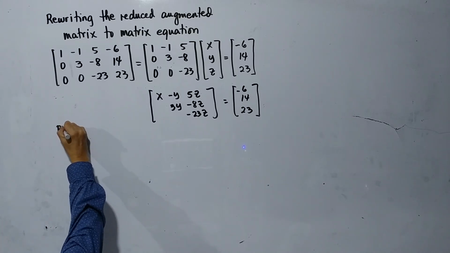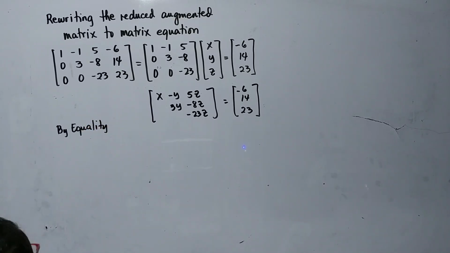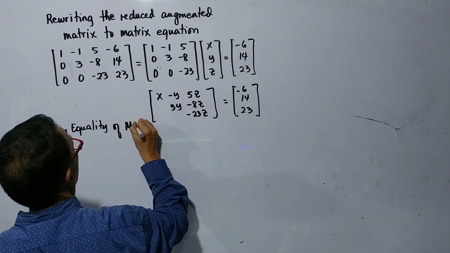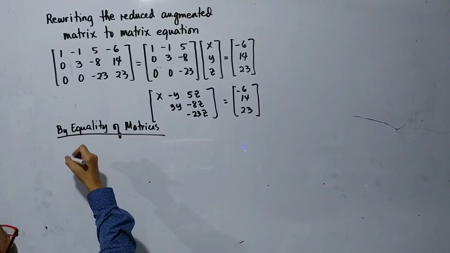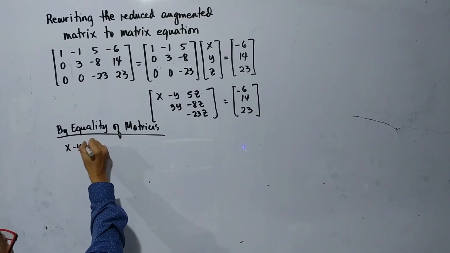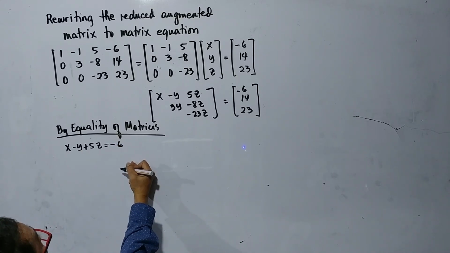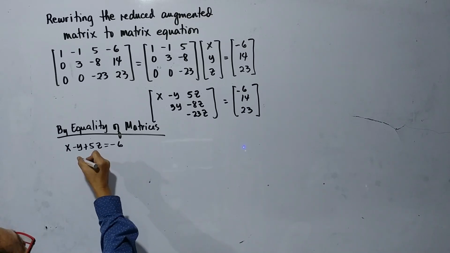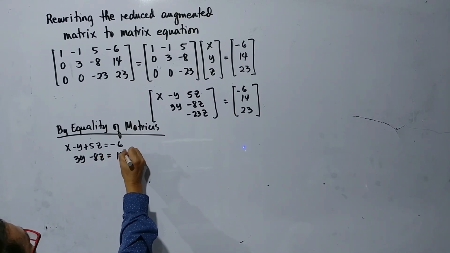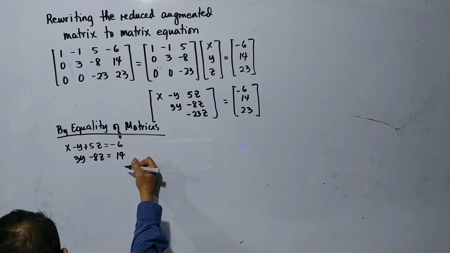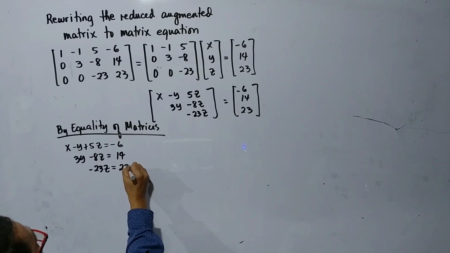So by equality of matrices, we have x minus y plus 5z equals negative 6, and 3y minus 8z equals 14, and negative 23z equals 23.